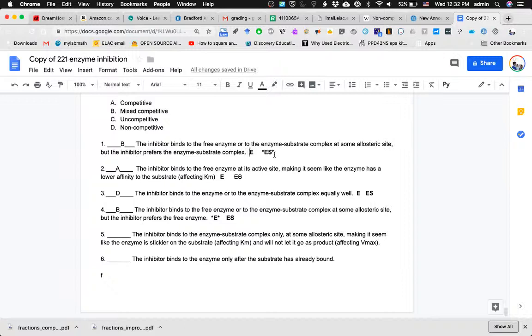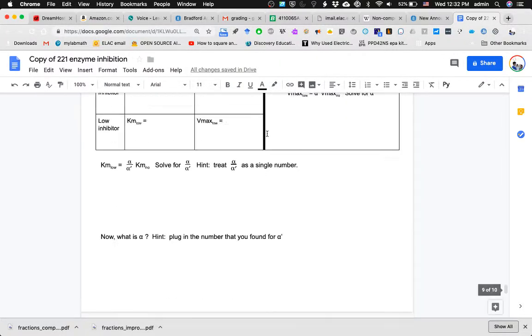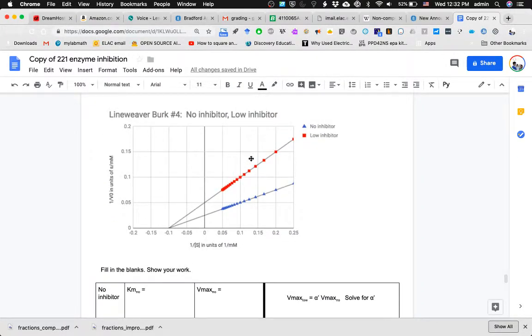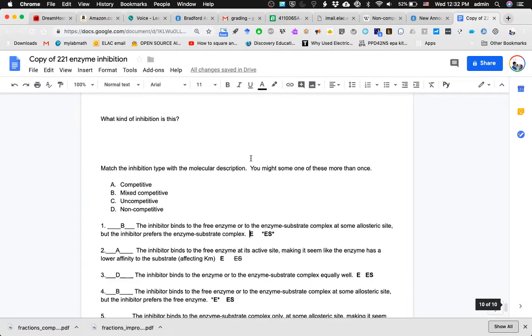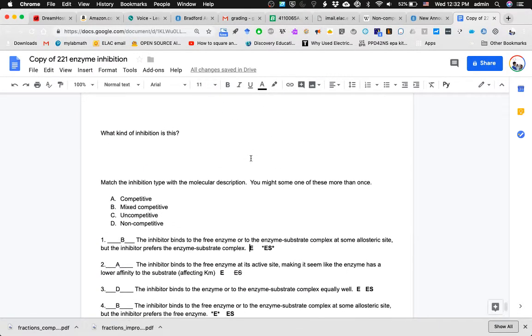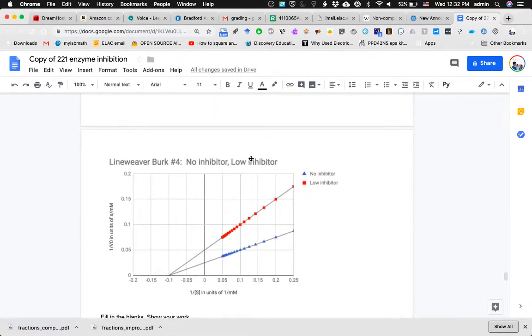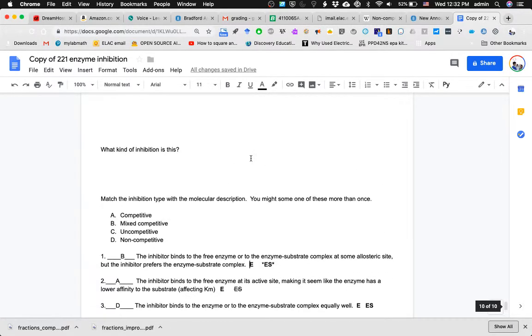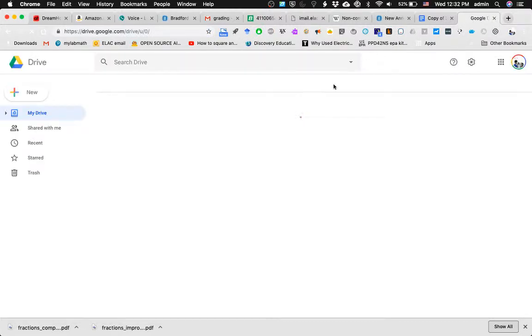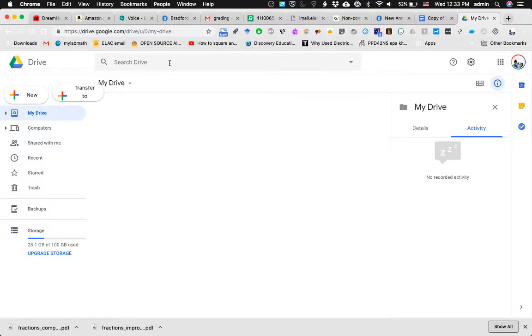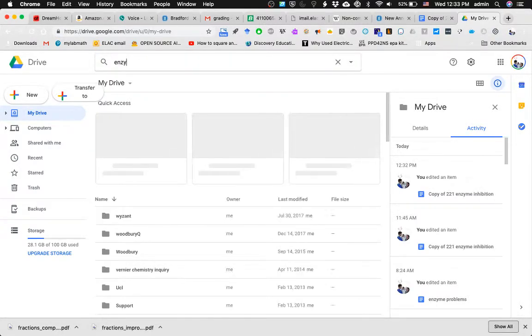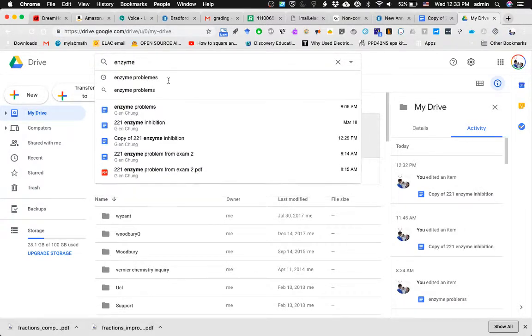The Km in example number 5, let's go look at it together. No, that's number 4. Where's number 5? Oh, number 5 is gone? Sorry. I don't have number 5 in these particular pages, but I can go get it real quick so you could see the Km. So let's go get number 5. Enzyme inhibition.